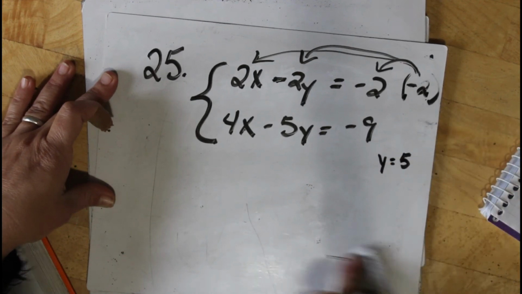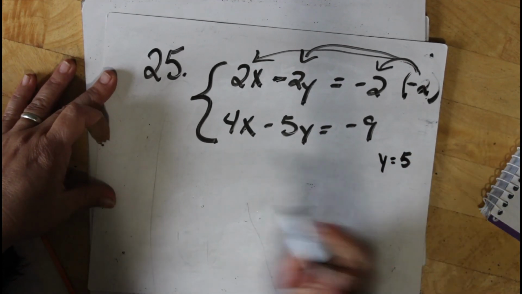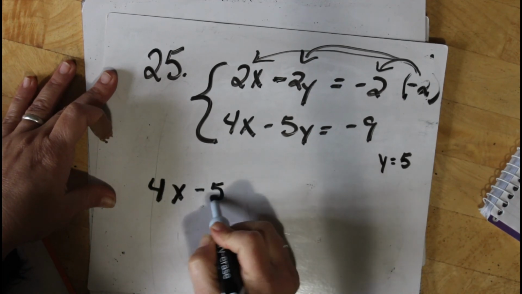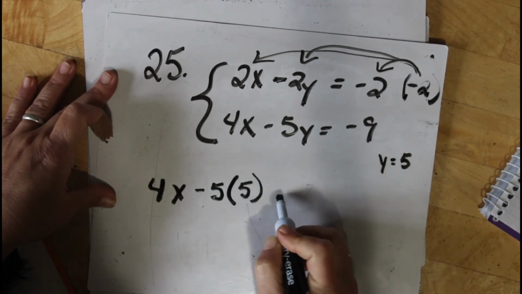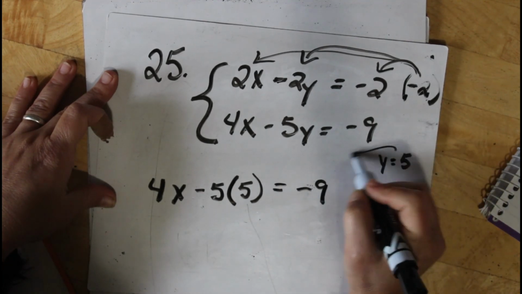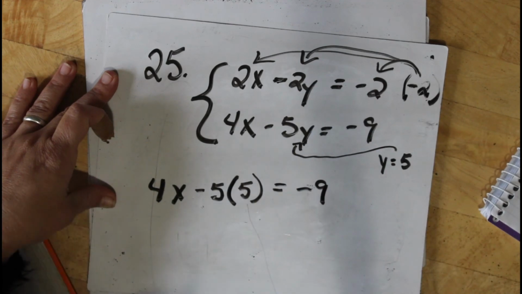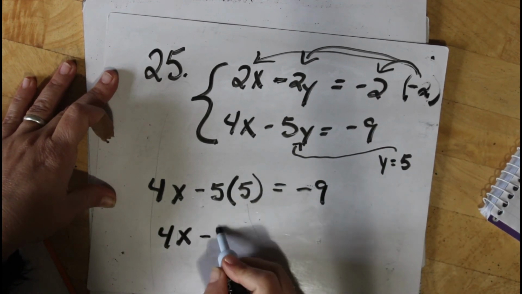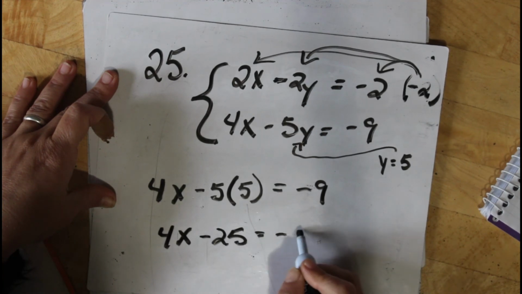And now we just got to substitute that value into one of these equations. So 4x minus 5 times 5 equals negative 9. So I'll just put this 5 right there. 4x minus 25 equals negative 9.